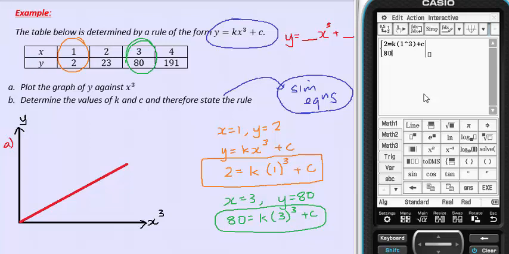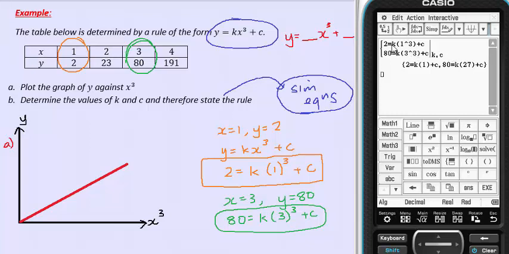The next one I get 80 equals k times 3 cubed plus c, and I let the calculator know down in this bit that I want answers for k and c. When I press go, it tells me something that's not very helpful. And that's because I have this set at standard rather than decimal. So I'm going to go back to decimal and I'm going to hit OK, and it's still not working.